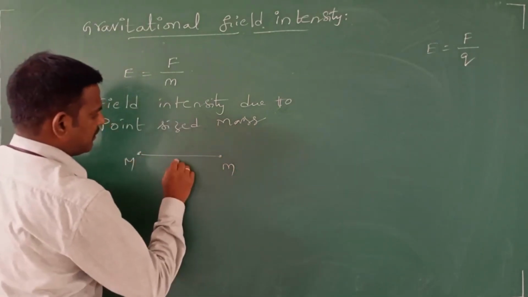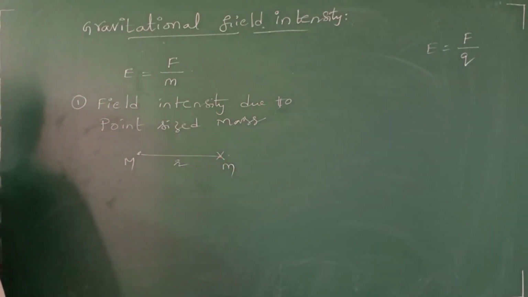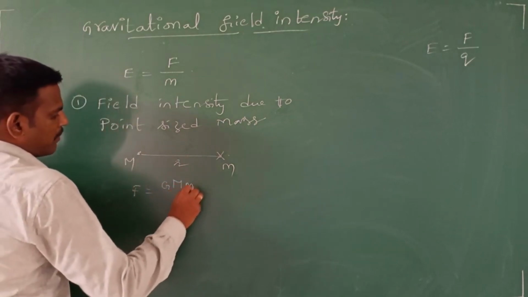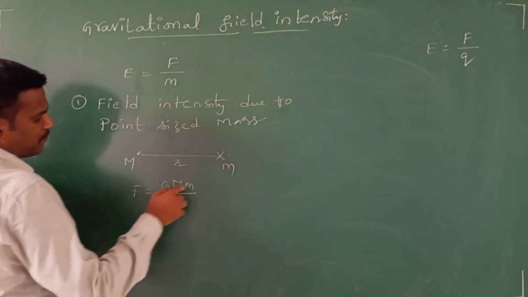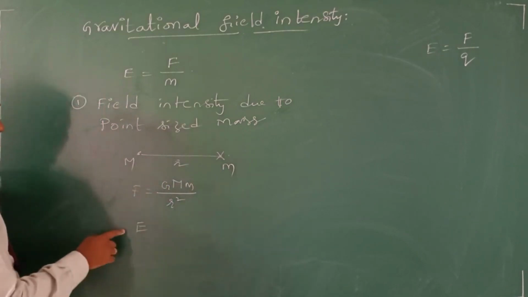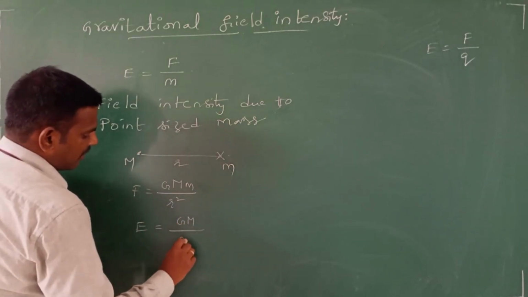Let us suppose the distance between them is r. At this point I would like to find out the field intensity. What is the force of attraction between them? F equals GMm upon r square. Now if I take that small mass to the denominator, what will I get? The gravitational field intensity due to the mass will be given by GM upon r square.